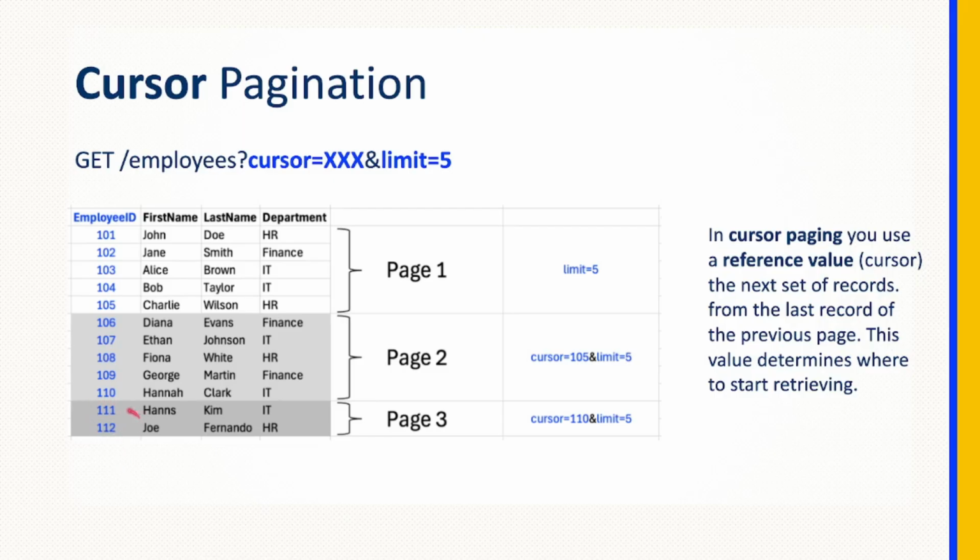Of course, in this example, we only have 2 records left, and in the page 3, we get these 2 records, skipping the records until the employee ID 110. On OData calls, the cursor parameter name is usually called the skip token. I will show you in an example in the Integration Suite.